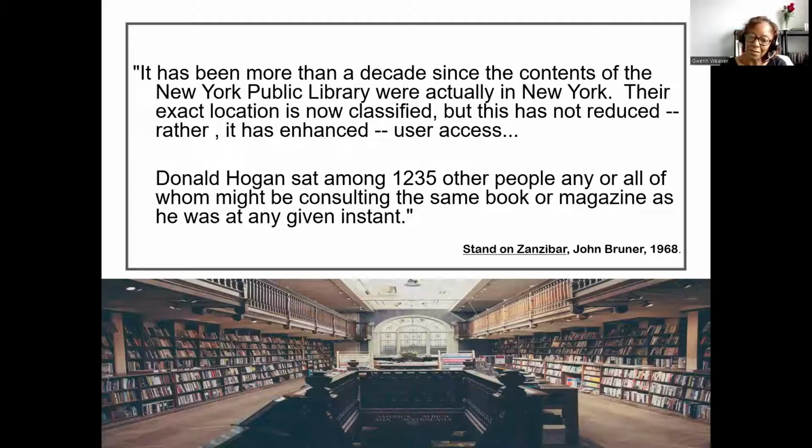But the quote, if you're looking at, just take a look at and the date, The Stand on Zanzibar, John Brunner, 1968. This book was published in 1968, which is more than 50 years ago. And it actually preceded the internet as we know it today. Yet it predicted an information environment that we all take for granted, or at least most of us do.